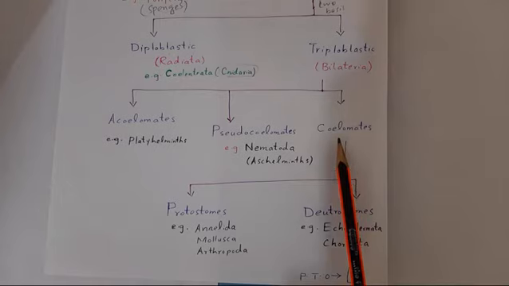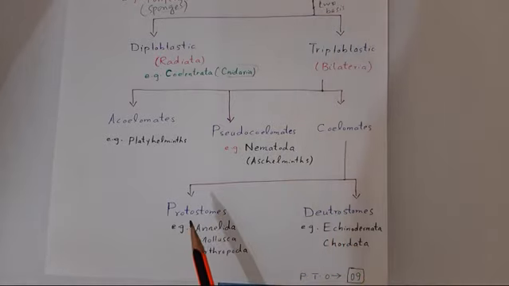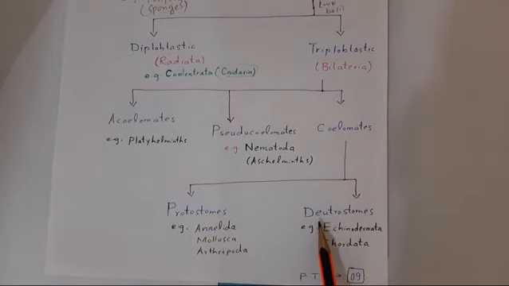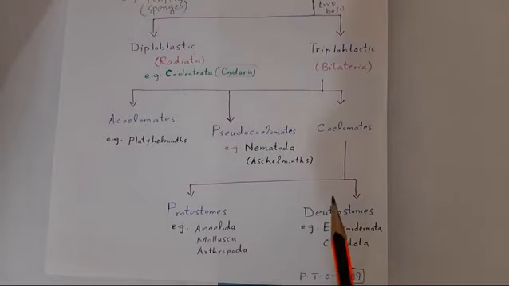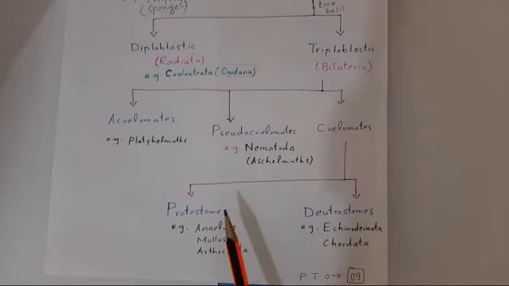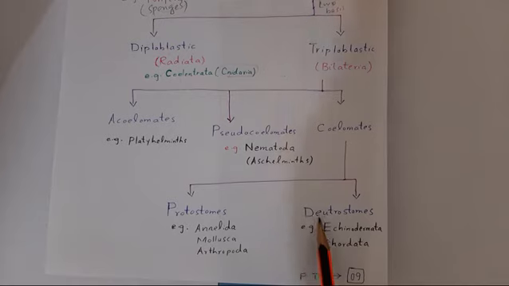The coelomates, which have true coelom or true body cavity, are further divided into two groups, the protostomes and deuterostomes, on the basis of pattern of development. Examples of protostomes are phylum Annelida, phylum Mollusca, and phylum Arthropoda, while examples of deuterostomes are phylum Echinodermata and phylum Chordata, right?